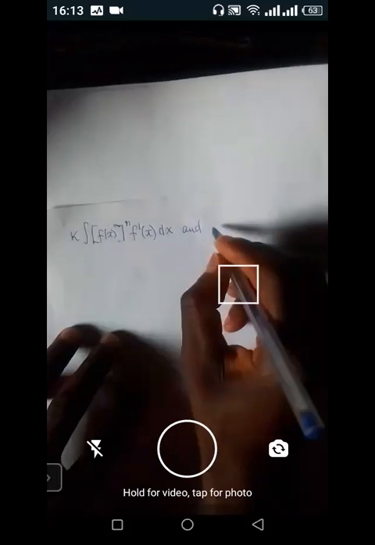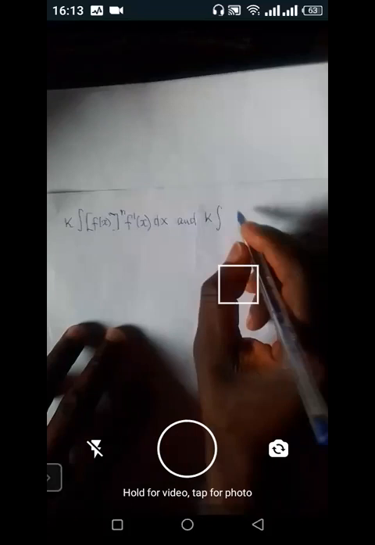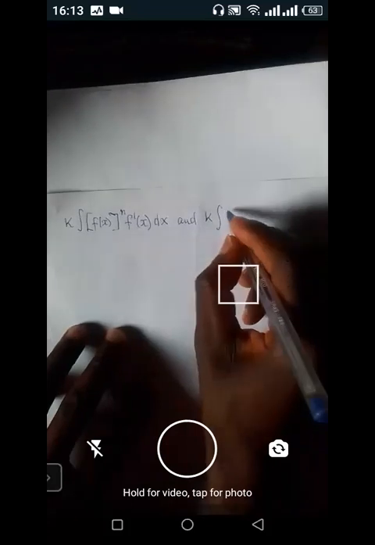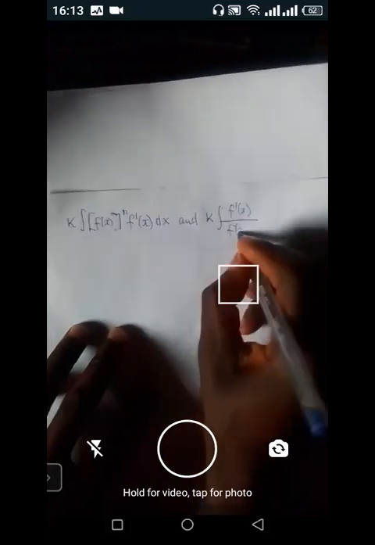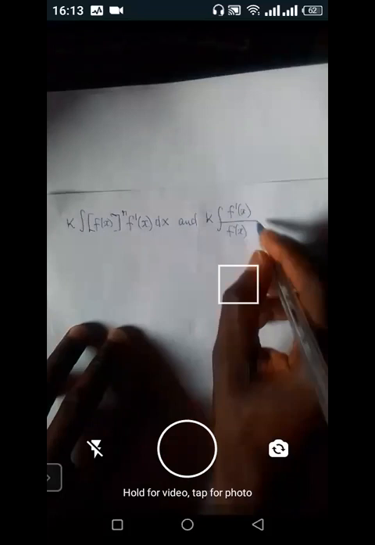And functions of the form, where you have a constant k in the numerator, and then f prime of x over f of x to the power n dx.